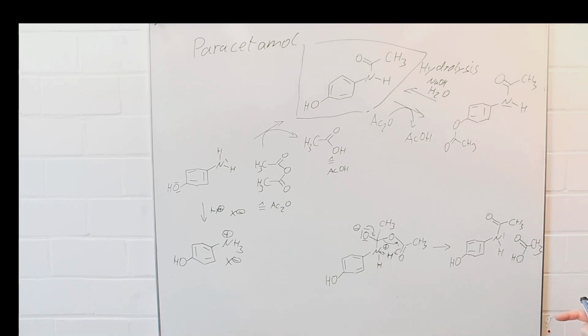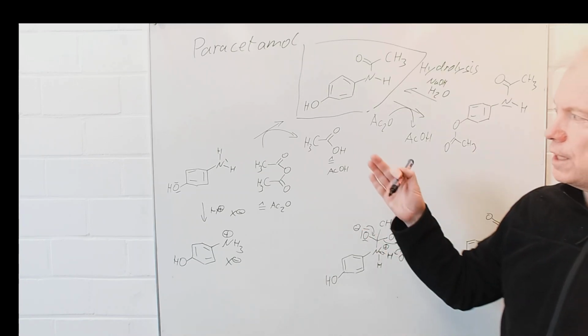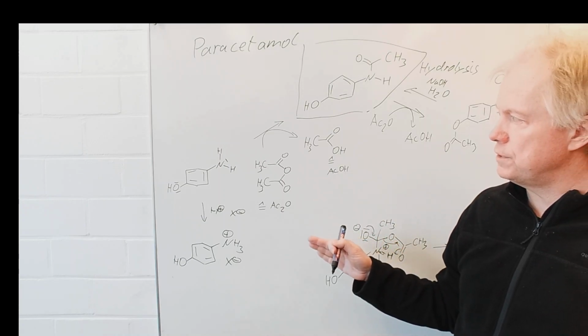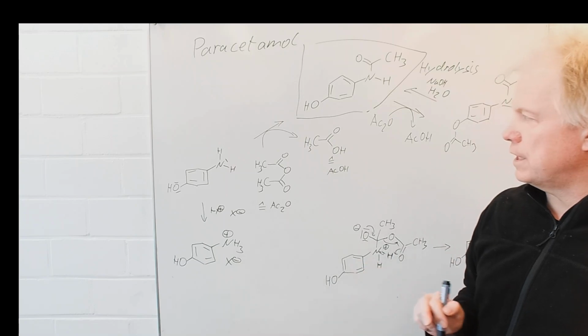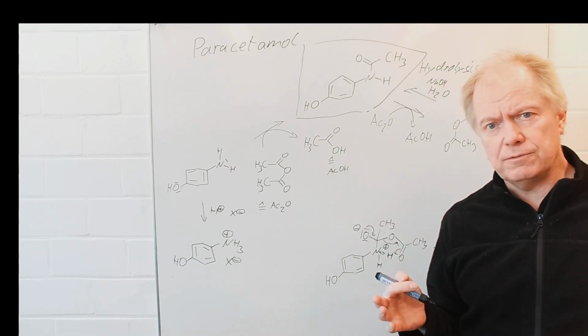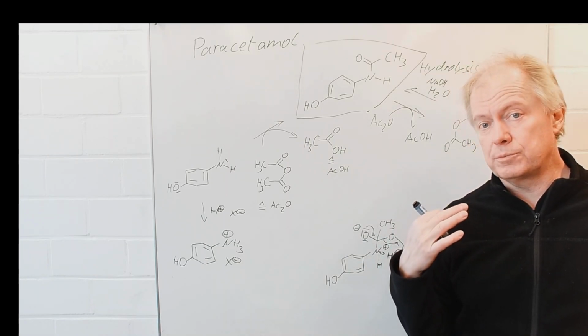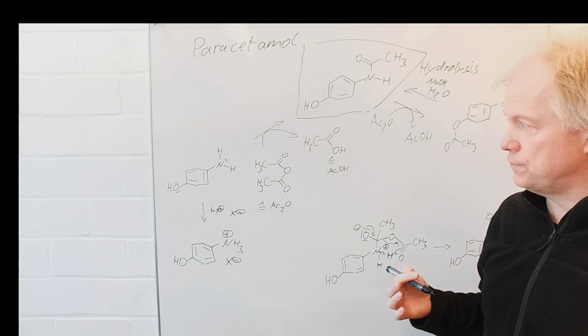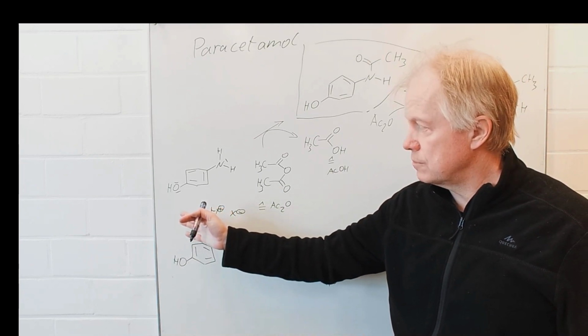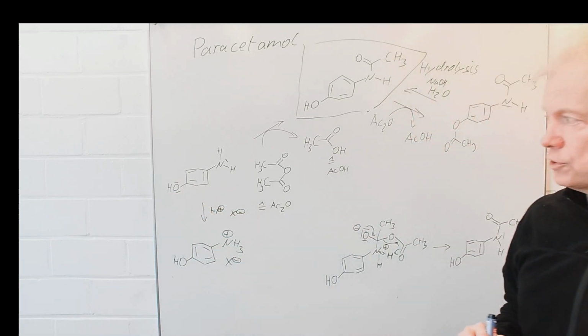And finally, we are getting to this paracetamol plus acetic acid. So we have a high selectivity, a very high selectivity for the acylation of the nitrogen, but high selectivity does not mean 100% selectivity. What about the acylation of the hydroxy group?